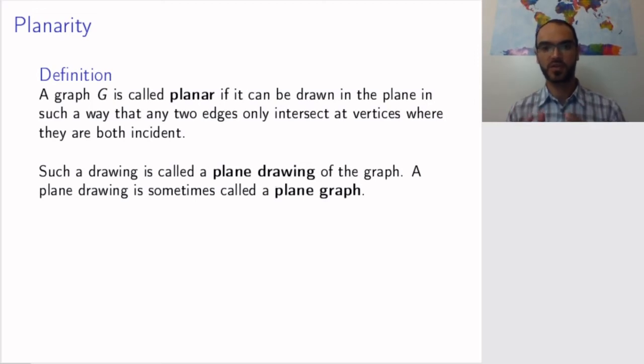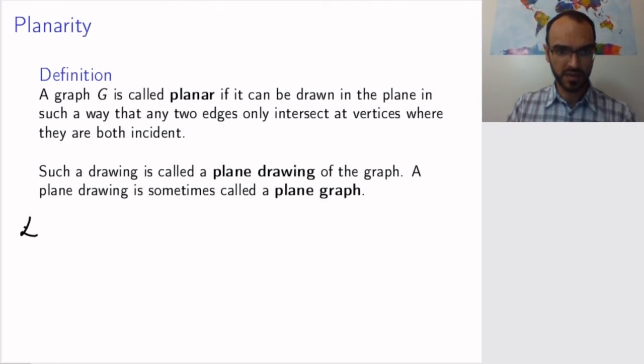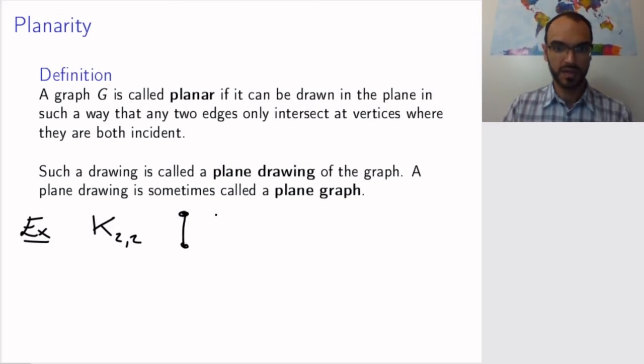So there are a few words that you shouldn't mix up. A planar graph is just a graph in general that it is possible to draw on a plane without crossing. And any such drawing is called a plane drawing or a plane graph. So the example we saw twice already, and now let's watch it a third time, is K2,2, the complete bipartite graph on 2 plus 2 vertices. And I told you that we could draw it in this fashion.